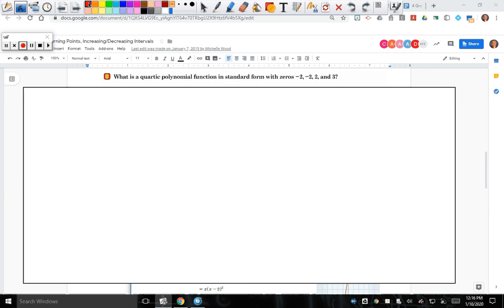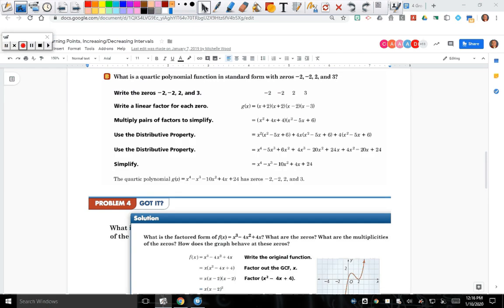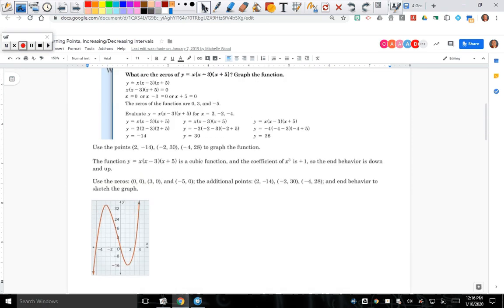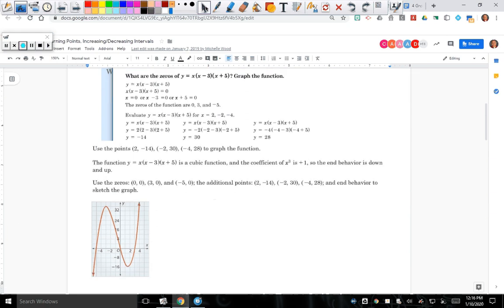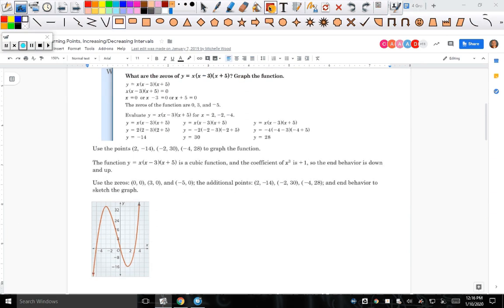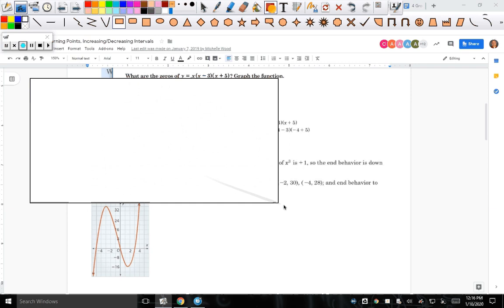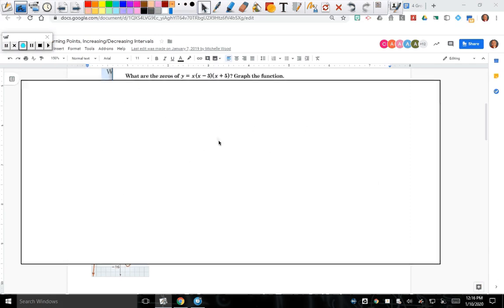What is the quartic polynomial? Ooh, I might have gone too far. I'm sorry. Yep, I went too far. Here we go. What are the zeros of that equation? 0, 3, and negative 5.